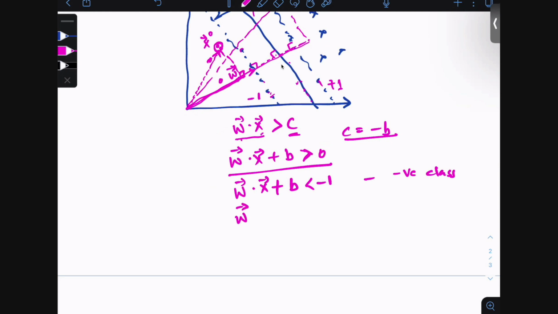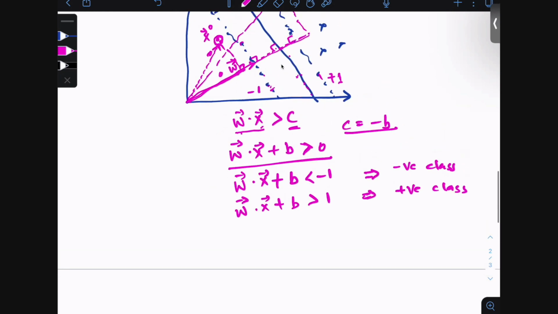And if the dot product of W, which is the perpendicular vector, with X, which is the observation, plus B is greater than 1, then it will land on the positive class side, right? It will land on this class. So now friends, you will ask me why we are doing this -1 and +1, why not? Actually, it doesn't matter.